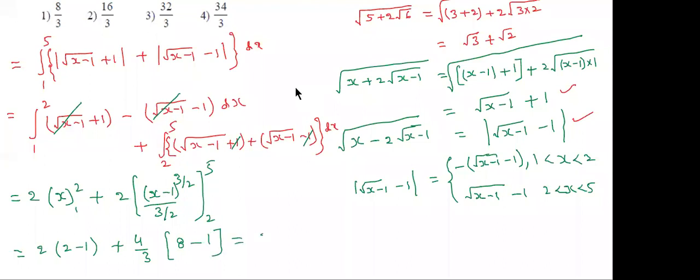Now this is 2 plus 28 by 3. Now total 34 divided by 3. This is the answer. Students, observe that. Which option is correct? Fourth option.